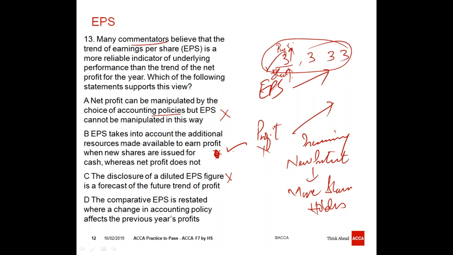So in retrospective adjustment, we have to adjust the opening balance of retained earnings and restate the previous year's profit. So if you update the comparative EPS with the updated profits, there will be no difference. Basically, you have to give your answer in support of this particular scenario, that EPS is more reliable than the profitability.